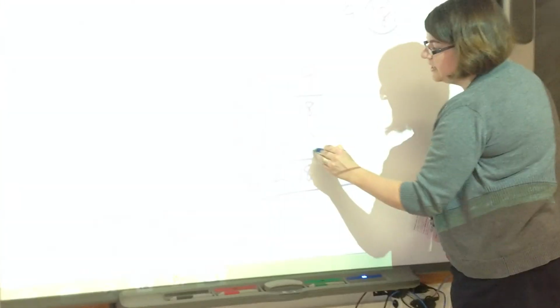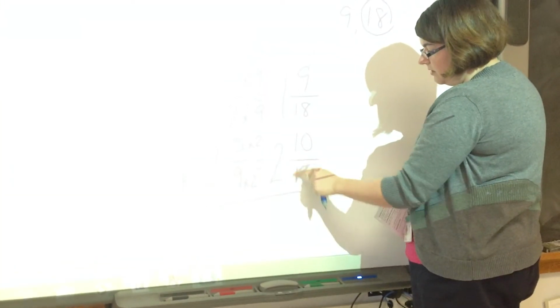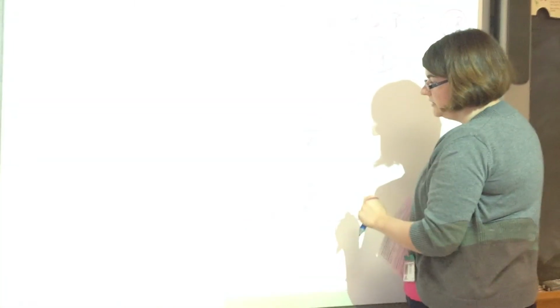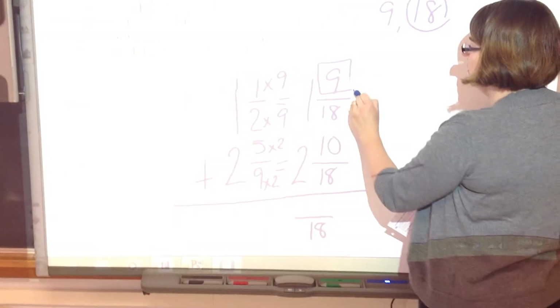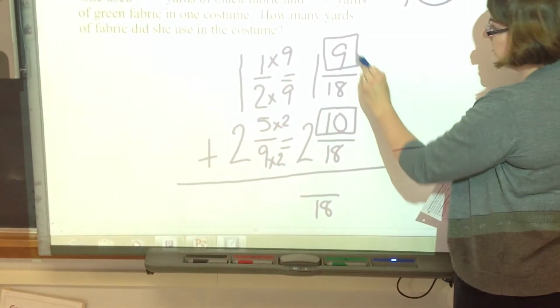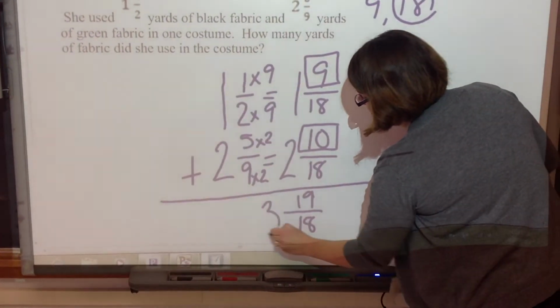Here we go, times 2 here, and we get 10. So now we're ready to add. Now our pizza, if we're talking pizzas, we have 18 slices here, so we're good. So we're going to leave this 18 here, and now we can add these pieces together, the numerators. 9 plus 10 gives you 19, and 1 plus 2 gives you 3.